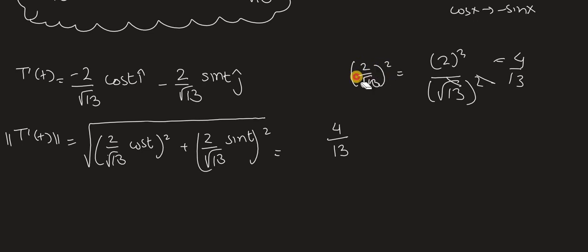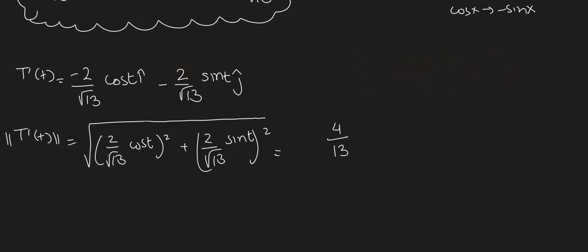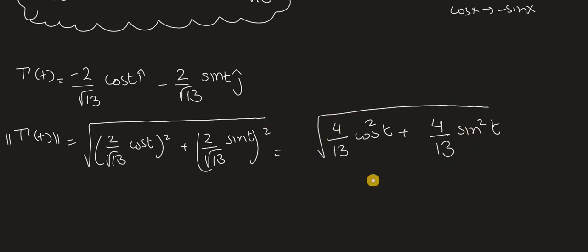Alright, let's move on. Let's remove this. Here the cosine squared is going to be cosine squared, and then 4 over 13 again, and then sine squared of t, because we're squaring it. And then not forgetting the square root again.